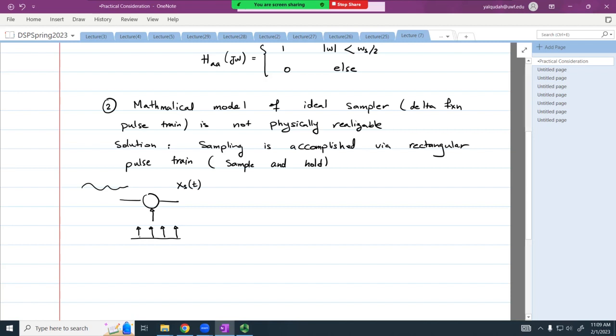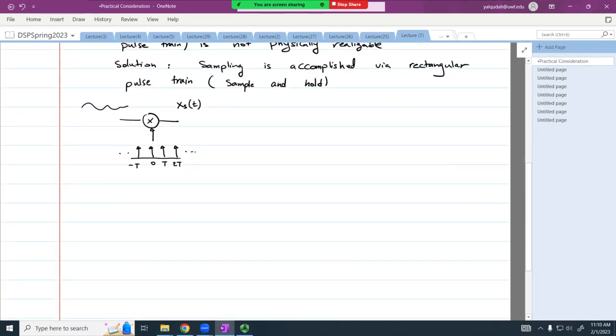Now what we're saying is this impulse train is not physically realizable. So instead of multiplying with an impulse train, what we can do is multiply this signal with a rectangular pulse train. So 0, t, 2t, etc.